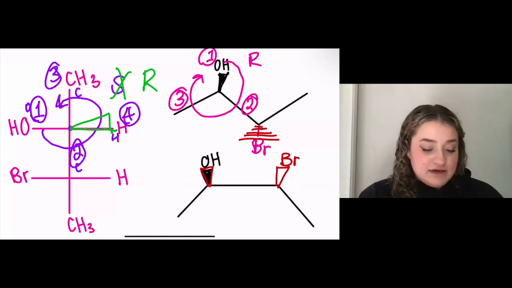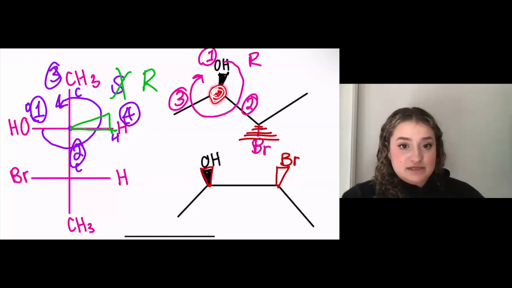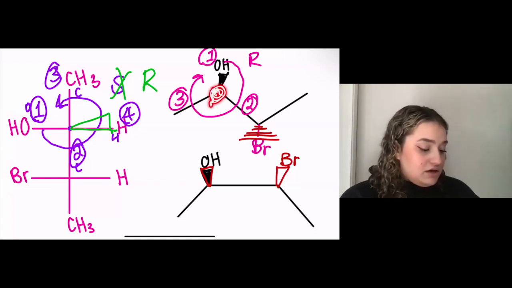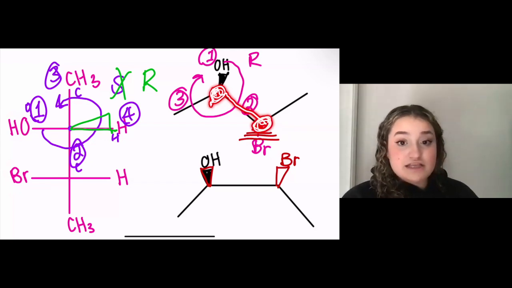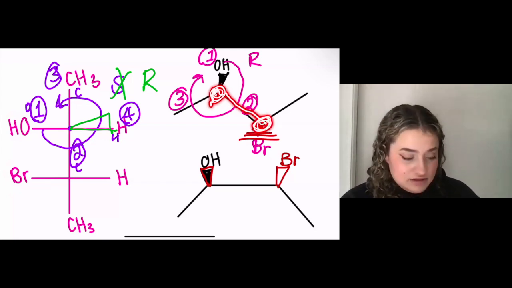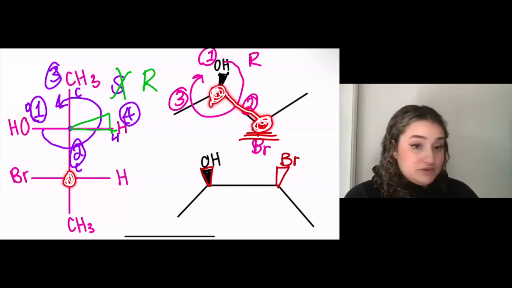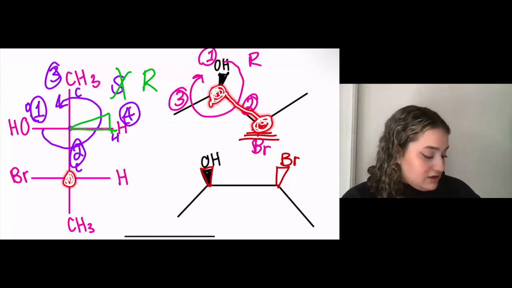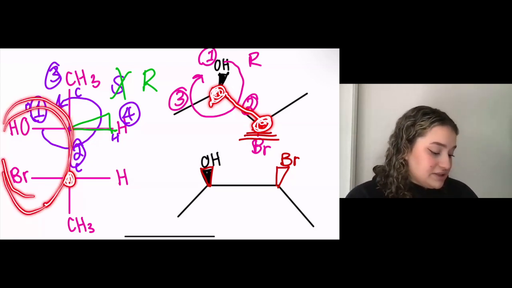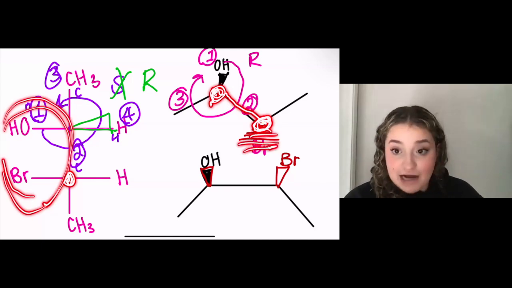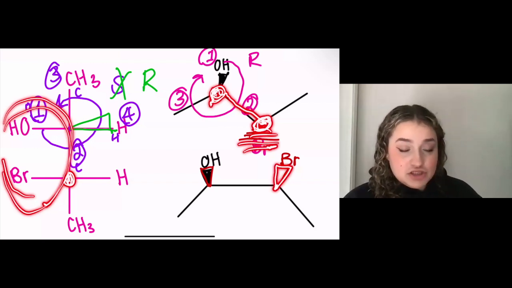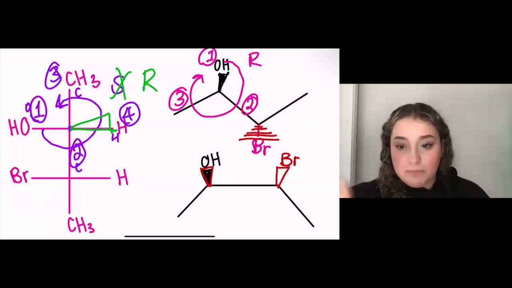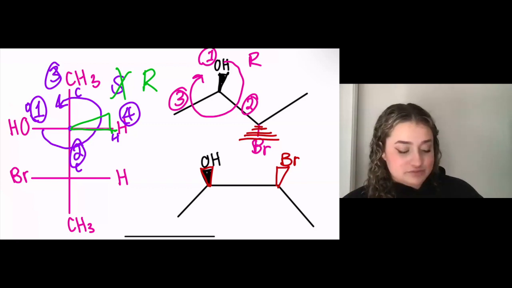Once you find out the stereochemistry of this and it looks good, because the next carbon is opposite, when we look at our Fischer projection and they're on the same side, they will both be wedges. So if now it's opposite, it has to be on a dash, not on a wedge. If you were to draw it like this, it'd be on a wedge. If you were to draw the actual bond line, it'd be on a dash.